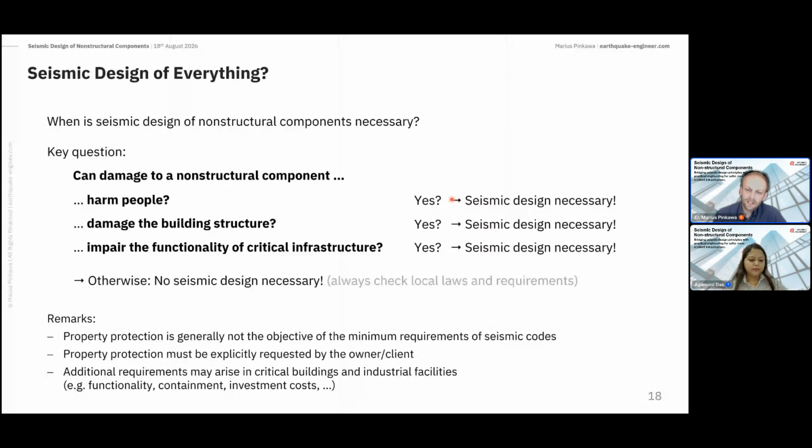So you always need to discuss with your clients, and the client might have higher requirements than those in seismic codes.